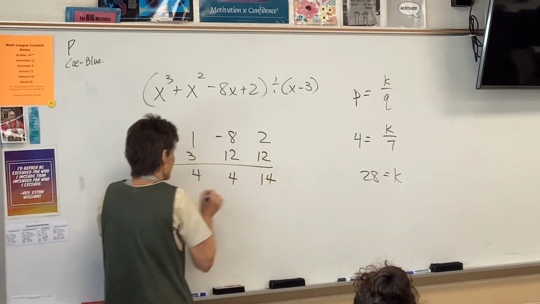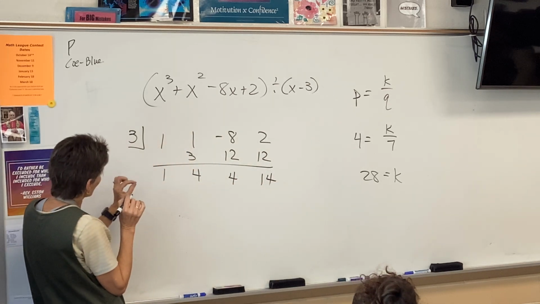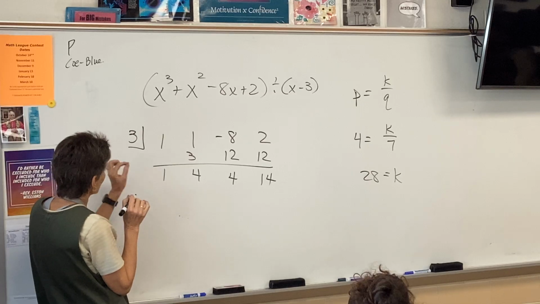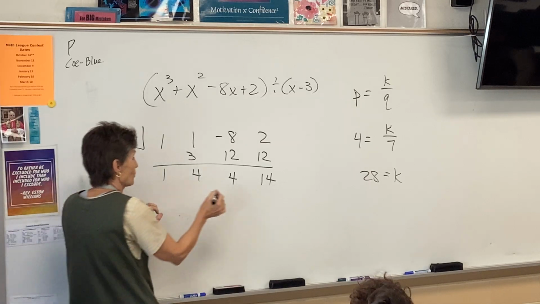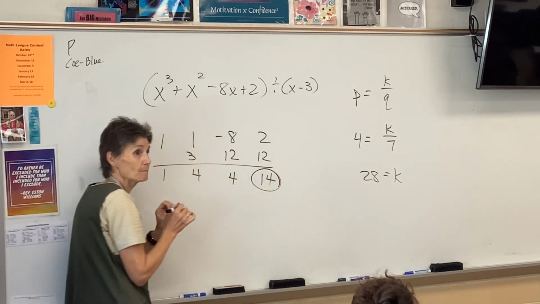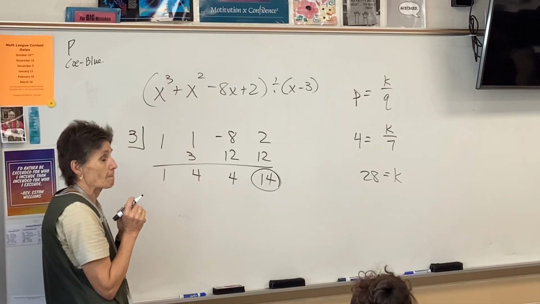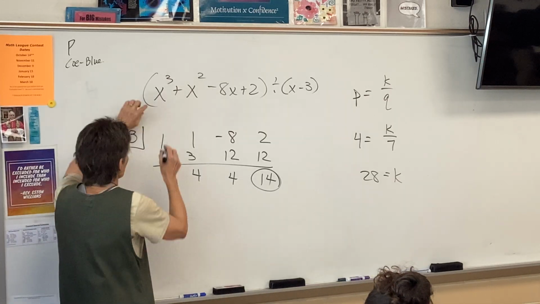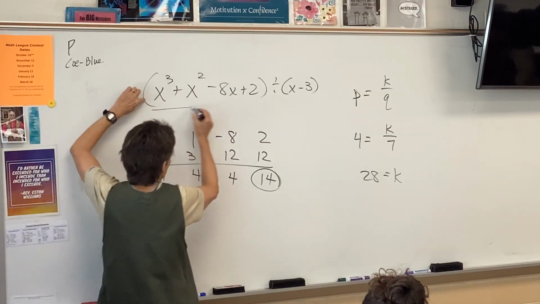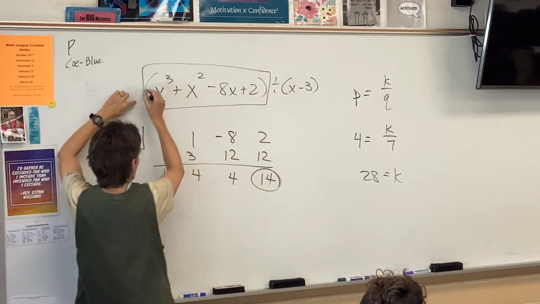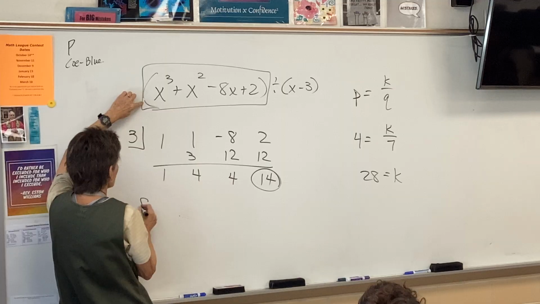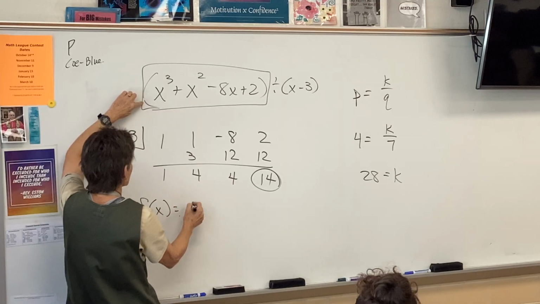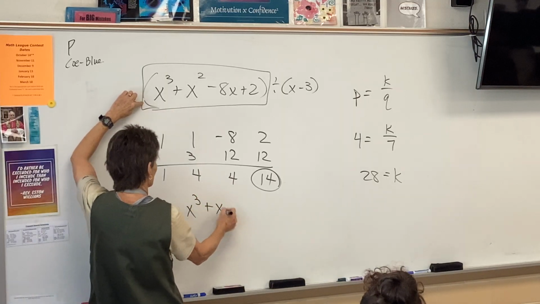And it looks like, if I didn't make any mistakes, my remainder is 14. Now, watch this. Take your dividend, the thing you were dividing, and think of it as a function.